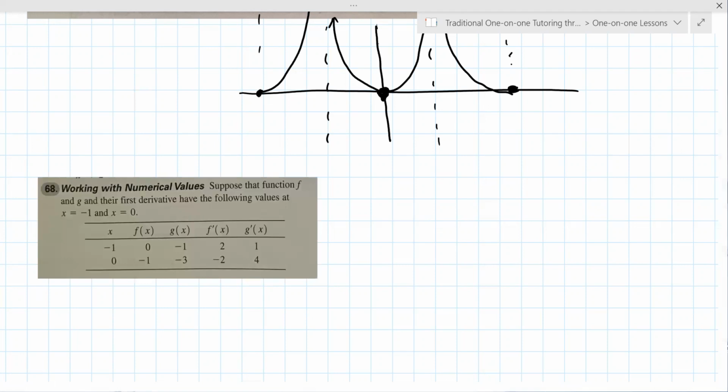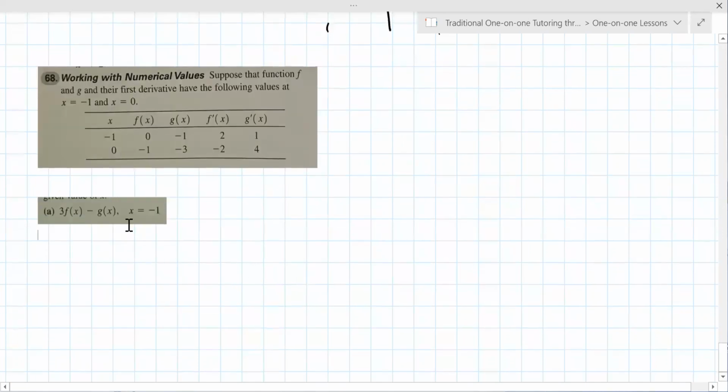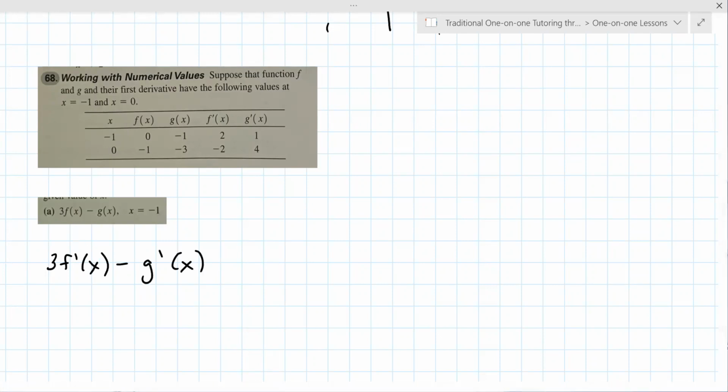So question A. They want you to take the derivative of this, 3f of x minus g of x. And we'll get to the table. So it's 3f prime of x minus g prime of x. So we're just taking a straight derivative. The constant comes down with it.